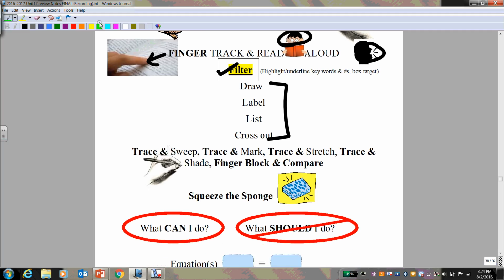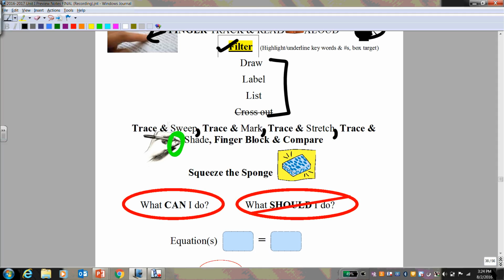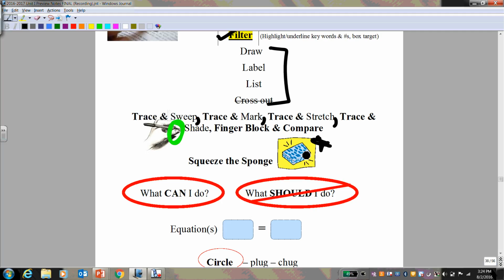You're going to process information through your fingertips by tracing and sweeping things, tracing and marking things, tracing and stretching things, shading, finger blocking. You're going to hear this phrase in my class called squeeze the sponge. That means get out all the info that you know about something, even if you don't understand what to do with it. You squeeze out all the related information.